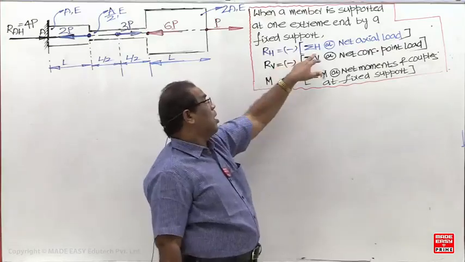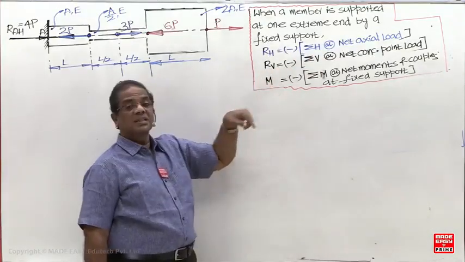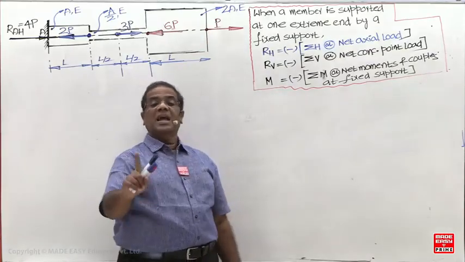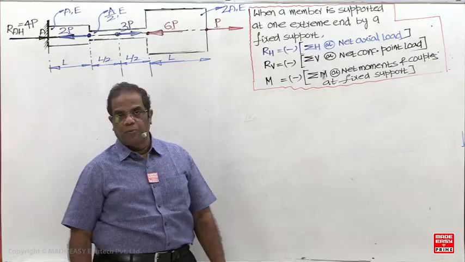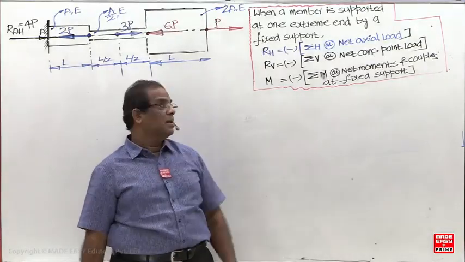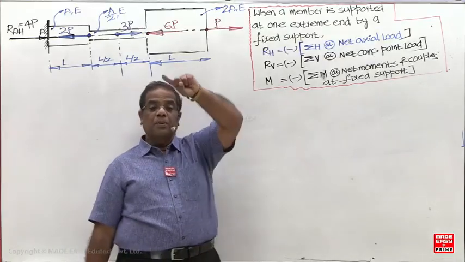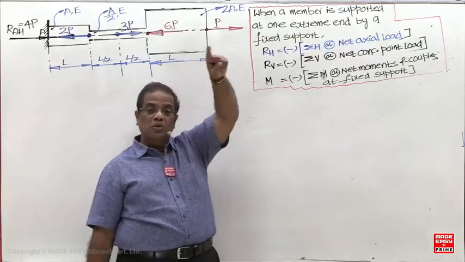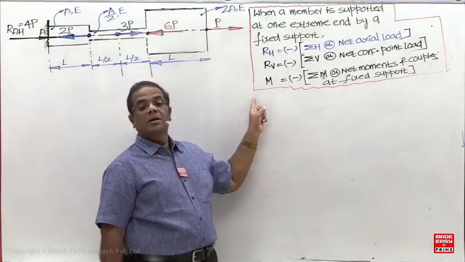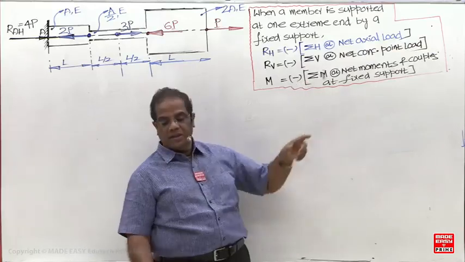So minus means opposite to this direction. If sigma V is 10 kilonewton downward, then the vertical reaction should be 10 kilonewton upward. And if the sum of the couples and moments is 10 kilonewton meter clockwise, then the reaction should be 10 kilonewton meter anti-clockwise. Minus means opposite to this.